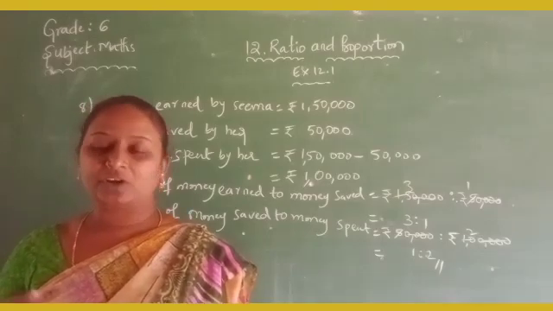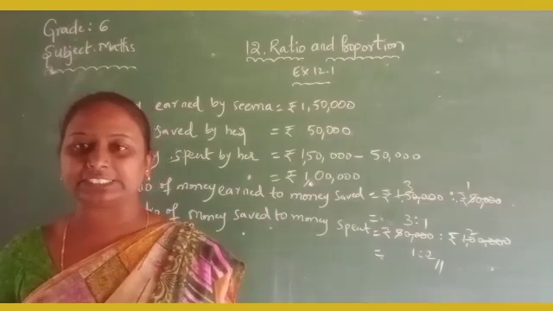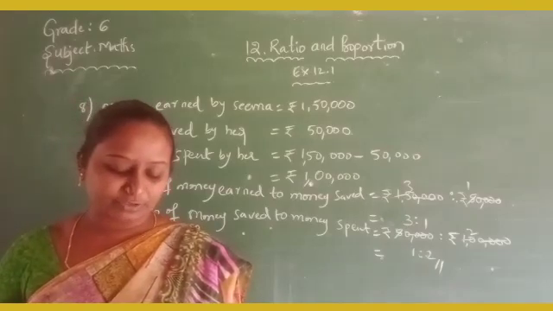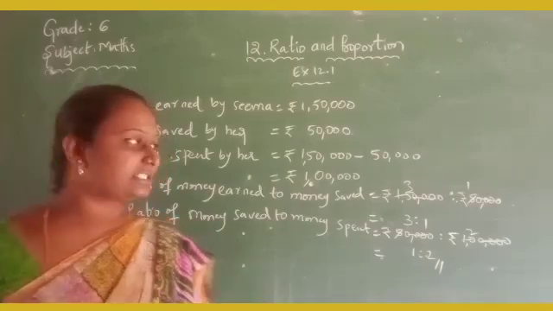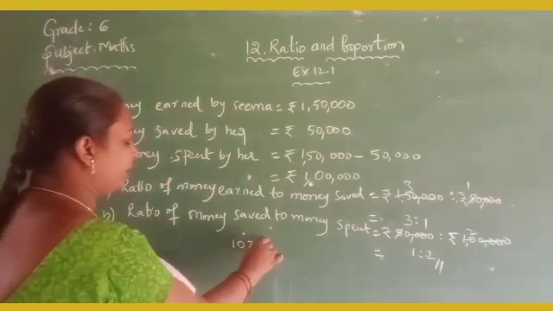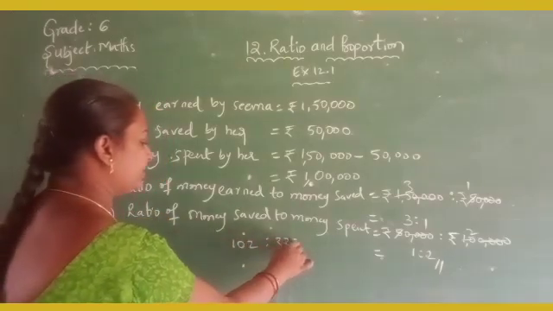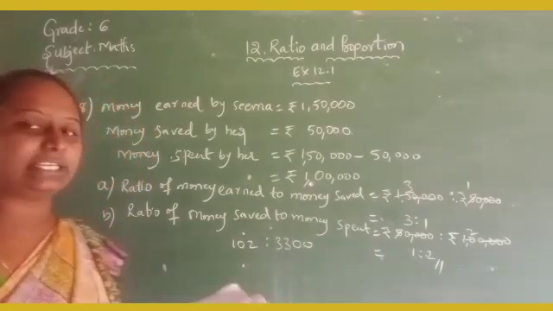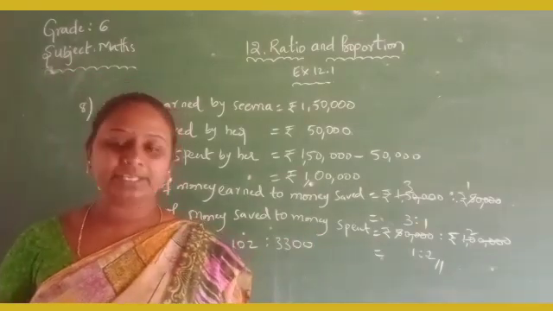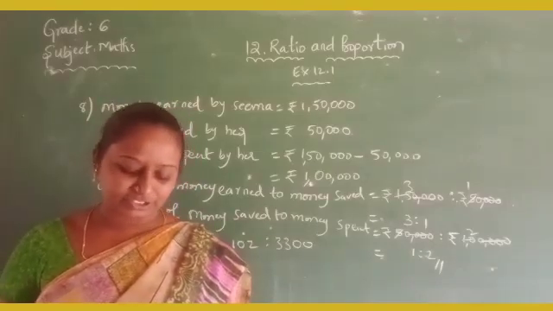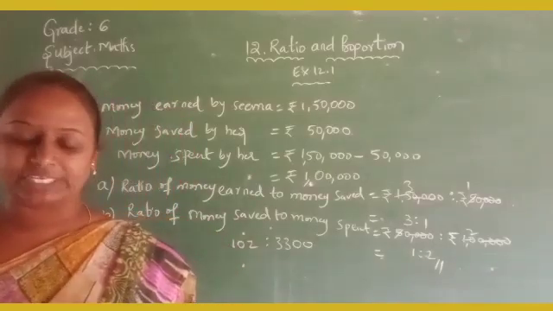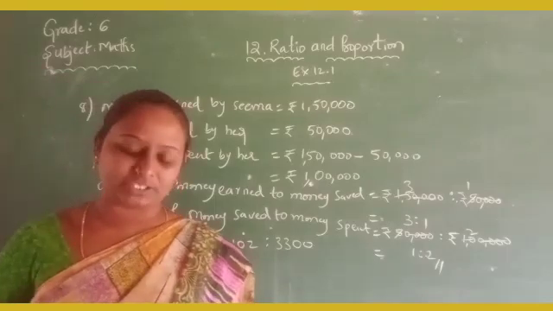How many students are there? 3,300 students. You have to find the ratio of teachers to students. Teachers is 102 and student strength is 3,300. Now simplify, and you can find the ratio. This one, do as homework, the 9th question.